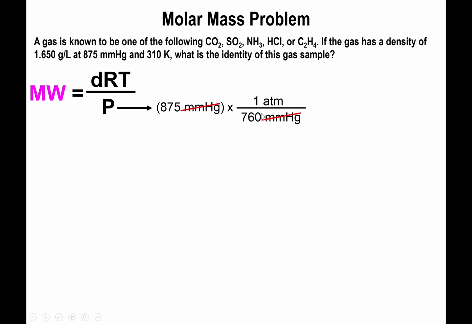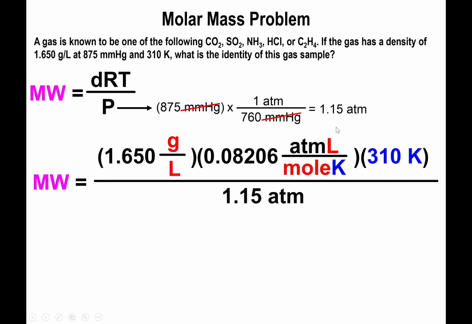So the millimeters of mercury cancel out, and when you carry out the calculation, you find out that this is 1.15 atmospheres. And you can kind of judge whether this makes sense or not. The initial value of the pressure is higher than 760, so this should better be higher than 1 atmosphere itself, which it is.